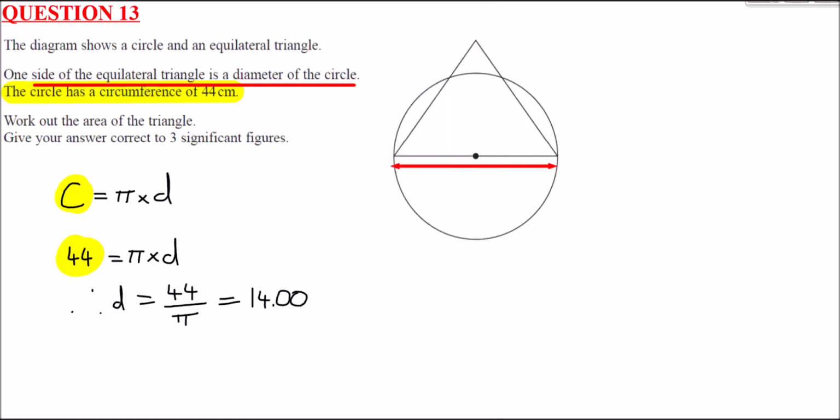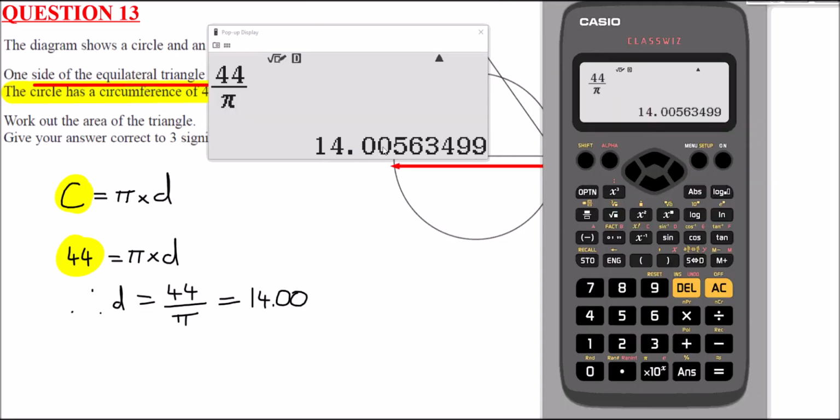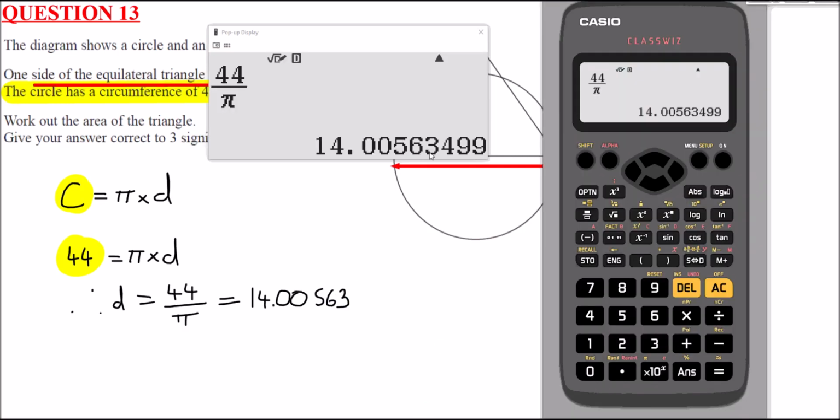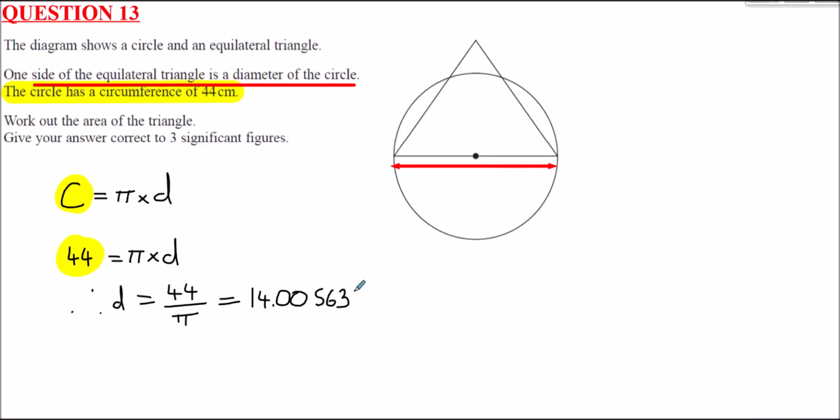Silly me. Got too many calculators. 14.00563499. So this side here is 14.00563499. But I want to work out the area of the triangle.